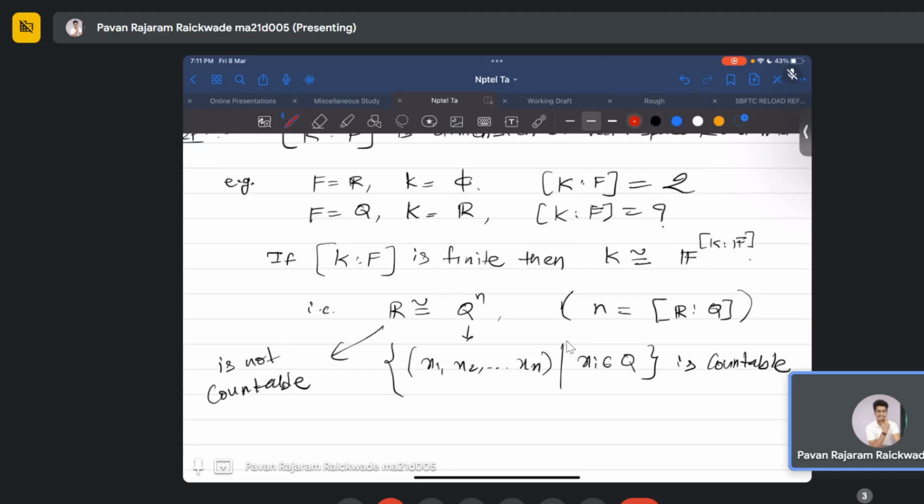Hence this is not isomorphic, hence this is not finite. You cannot write that as a symbol, but you can say that the dimension of the real vector space considered over the field of rationals is infinite. This is about field extensions.